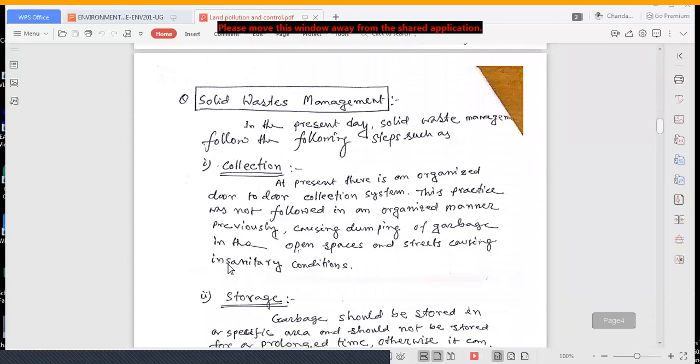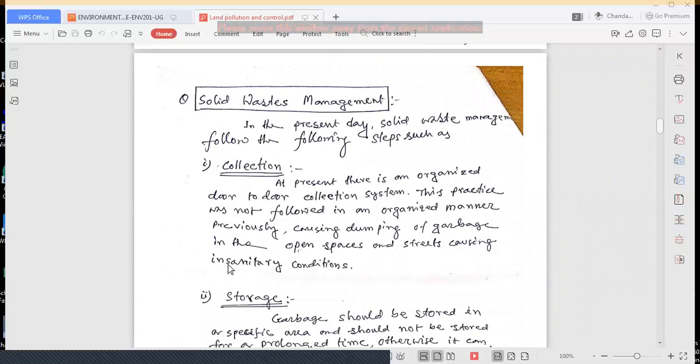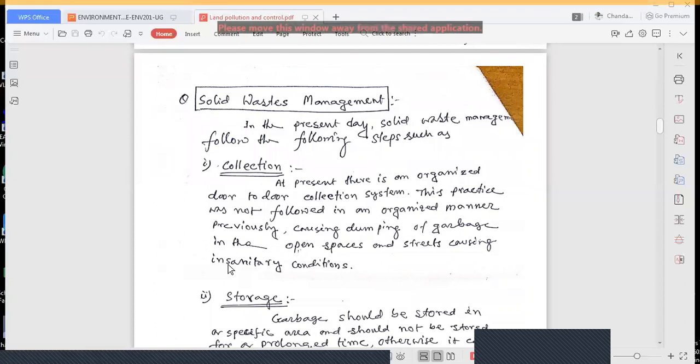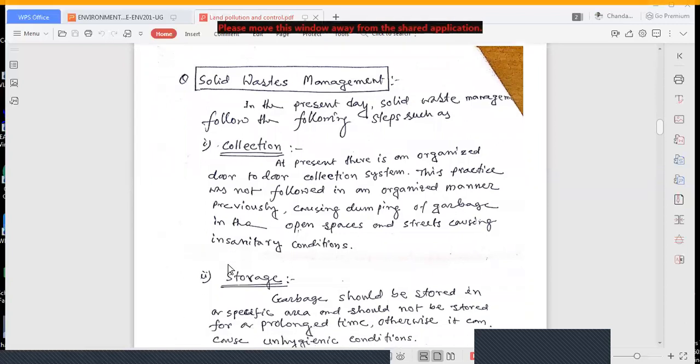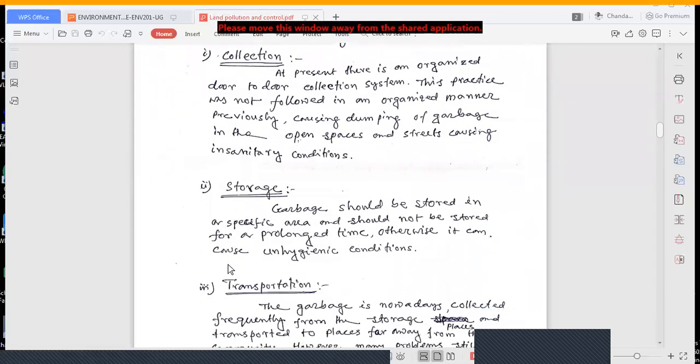Now we learn about solid waste management. In the present day, solid waste management follows the following steps. Number one, collection. Number two, storage.